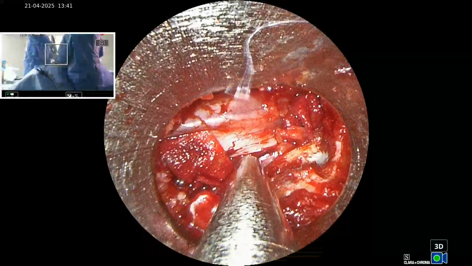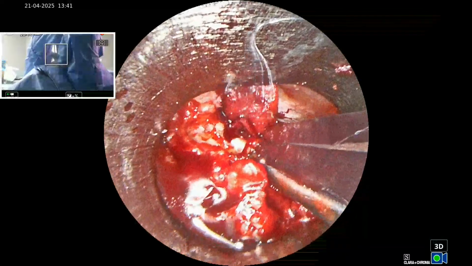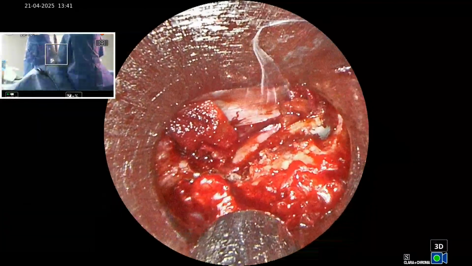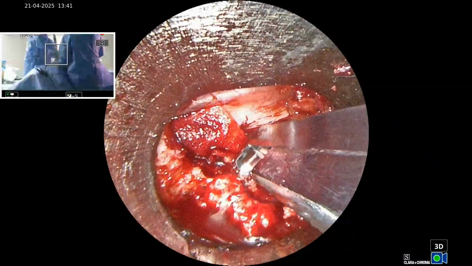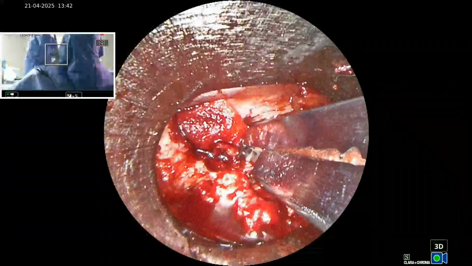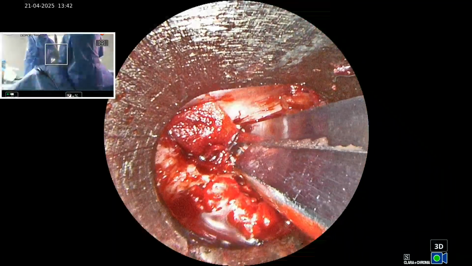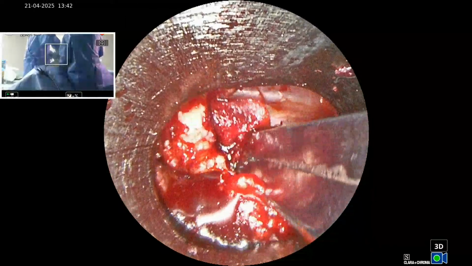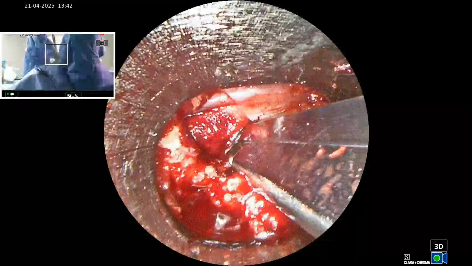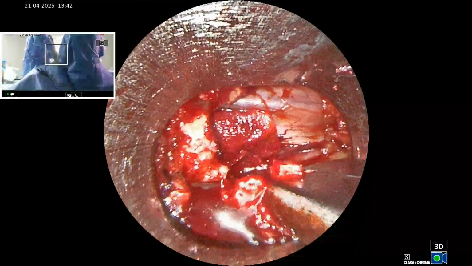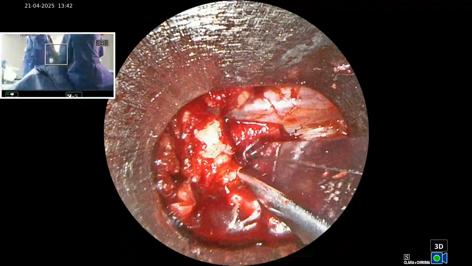Yes. Now the nerve is visible. There is a nerve. So sometimes if you misinterpret the location of the nerve, that may be a disaster. So you have to be very careful, slow, steady.